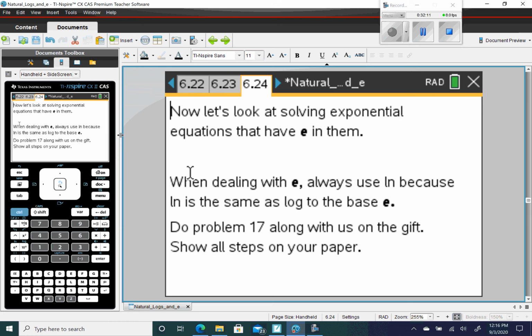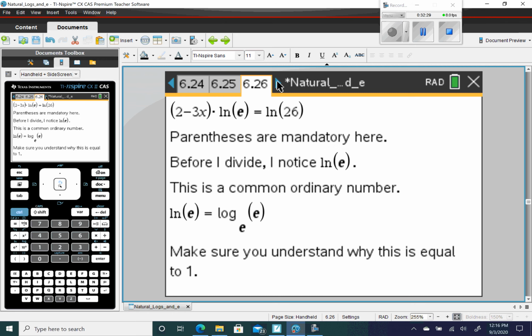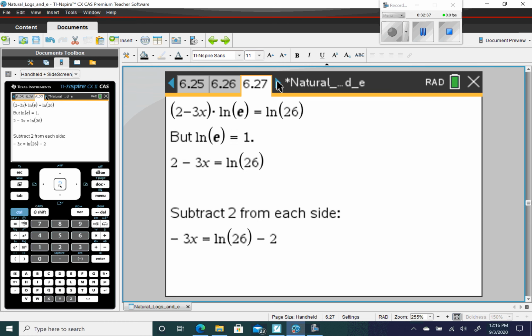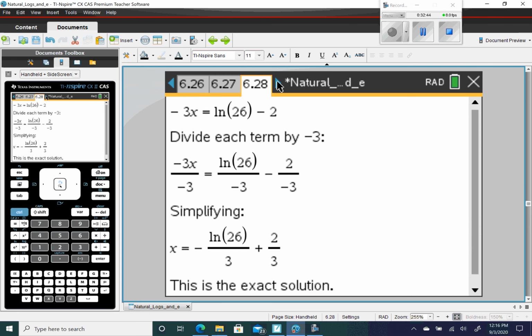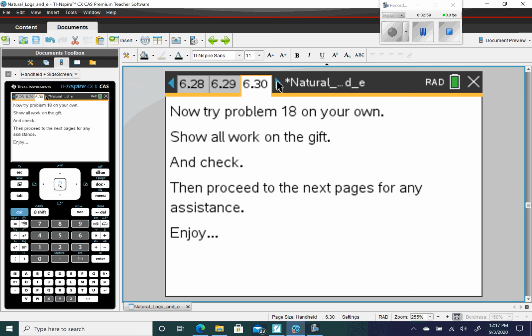And if you haven't guessed it or thought about it, they're inverses of each other, just like log base 10 and then 10 to the x are inverses of each other. Again, pause the video to do number 18.